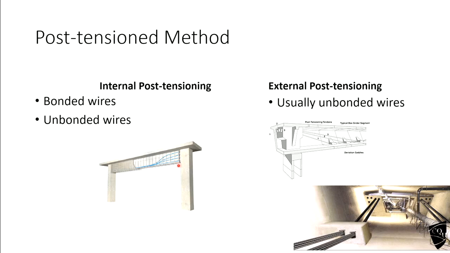You should be able to pull or stretch it further. That is the advantage of unbonded over bonded, so you may readjust or re-tension. The re-tensioning opportunity is also available in external post tensioning because it's usually unbonded.